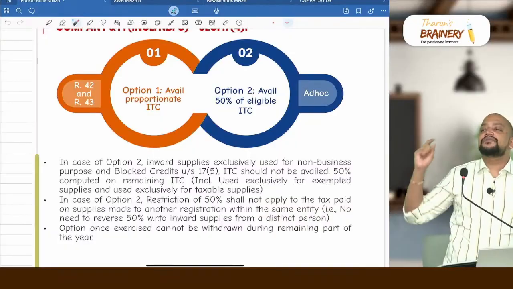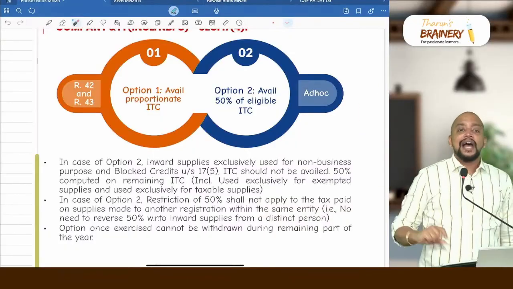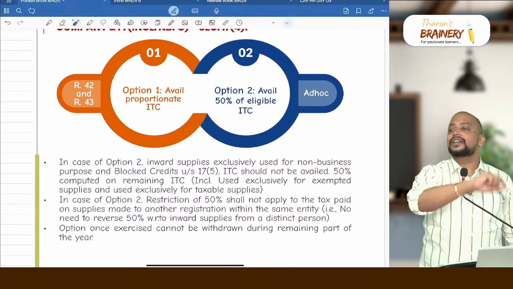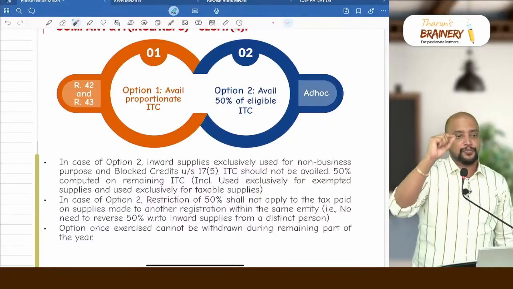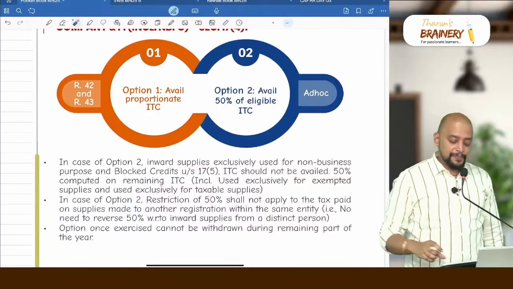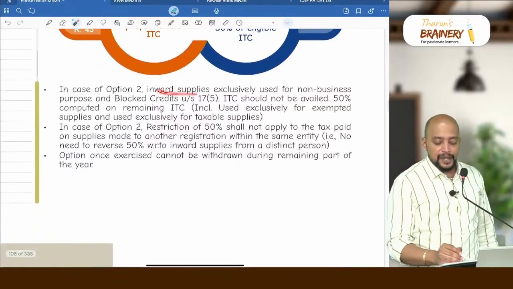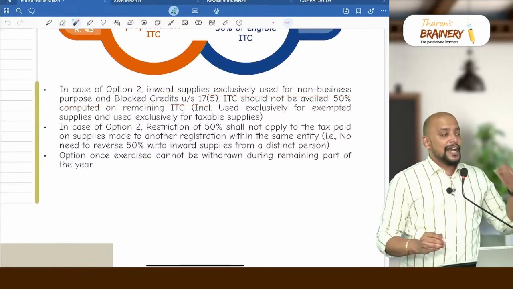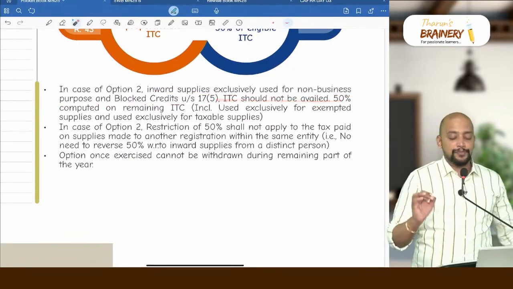In proportionate ITC, inward supply used for taxable we are taking full, inward supply used for exempted we are not at all taking, and common credit we are taking proportionate. That is a huge difference here. So in case of option 2, for inward supply exclusively for non-business purpose and blocked credit, ITC should not be availed.